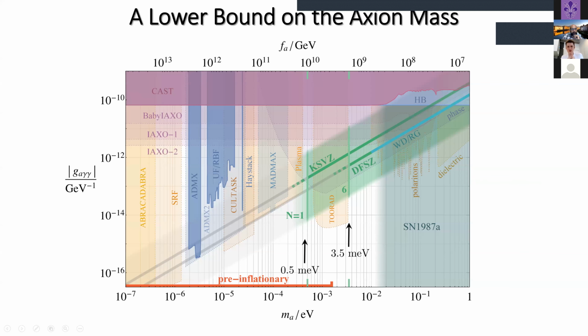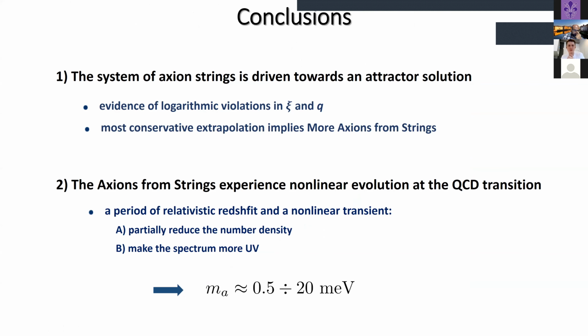The system of axion strings is converging towards an attractive solution, for which there is evidence for logarithmic violations in the number density of strings and the spectral index of the axions emitted. And the most conservative extrapolation implies more axions from strings, and this extrapolation is in accordance with the expectations from the number of strings coupled to the external axion field.